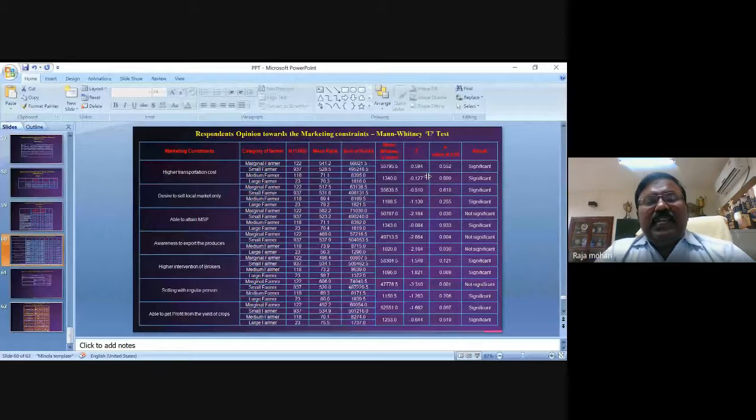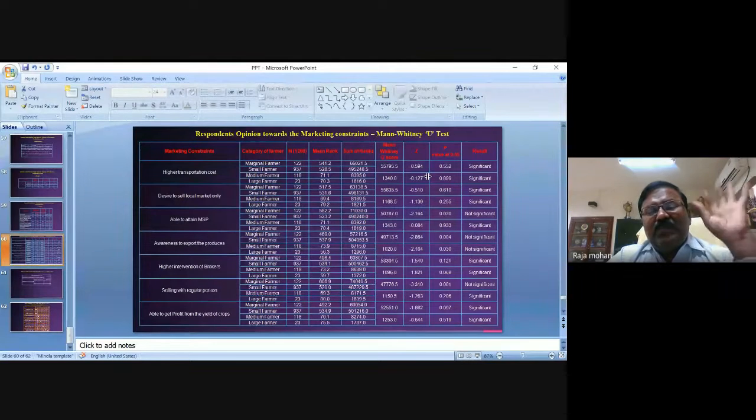For that, the marginal and small they added, and medium and large they added, and they gave the results here. Actually, manually you score after adding this. The condition is that we should have two independent populations, but here we have more than that. For that, we are merging one with another, like what we learned earlier in chi-squared.